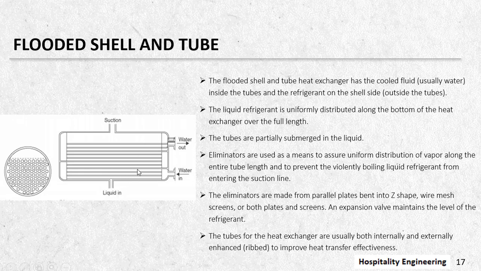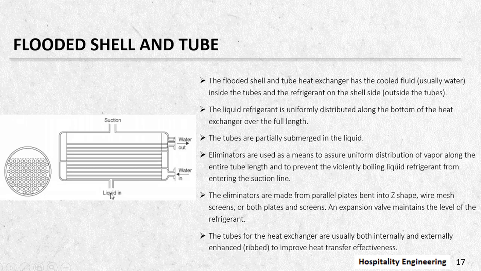You can see in the picture the flooded shell and tube, the water goes inside the tube, then the same water goes another side. So water goes inside and outside.